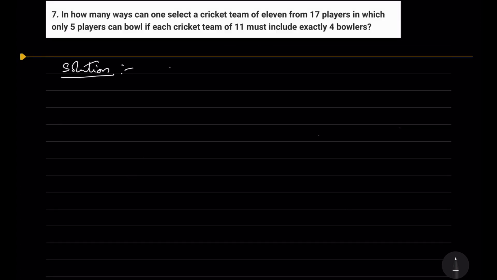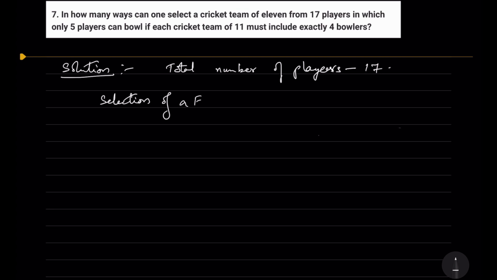The total number of players is 17. From this we have to select 11 players to form a cricket team of 11 players.